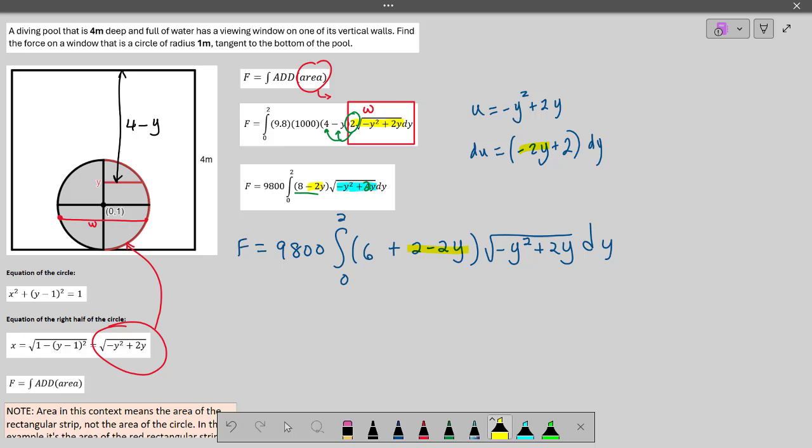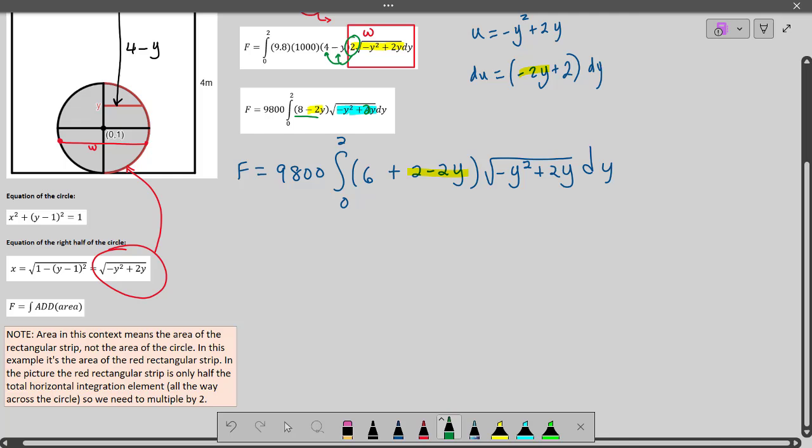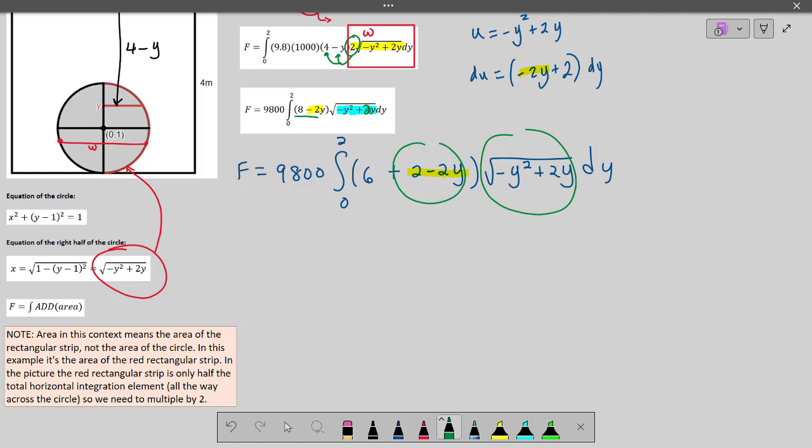And here's the clever part, all we did was separate the 8. We can distribute this square root to two different terms, here and here. One of those terms is going to have a perfect u substitution because the derivative of what's inside is going to match. So we're just distributing, and we're going to have two integrals. First, I'm going to take the square root and multiply it by this 6.